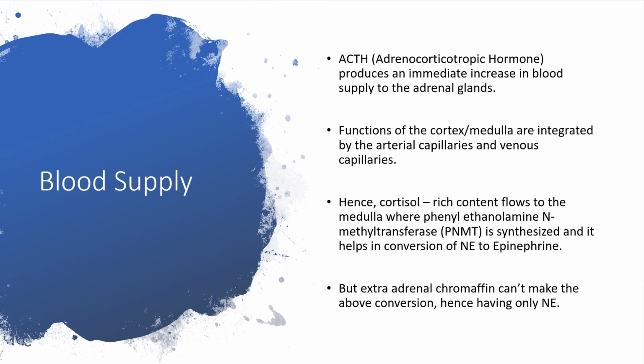Blood supply. Adrenocorticotropic hormone produces an immediate increase in blood supply to the adrenal glands. Functions of the cortex and medulla are integrated by the arterial capillaries and venous capillaries. Okay.